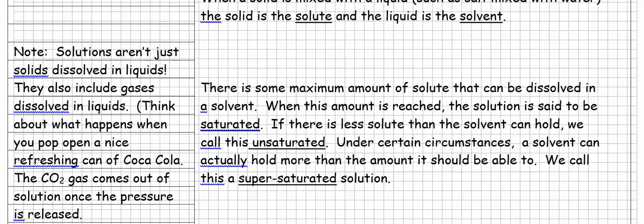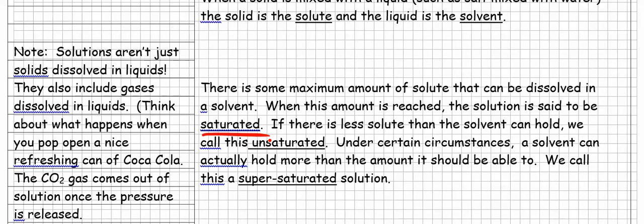It says there is some maximum amount of solute that can be dissolved in a solvent. There's some amount that you can dissolve of solute into solvent, and that's it. You can't put anything more in there. When this amount is reached, the solution is said to be saturated. In other words, a saturated solution has as much solute dissolved as is possible. If you put a little tiny bit of salt in water and stir it up, that's fine, it's going to dissolve.